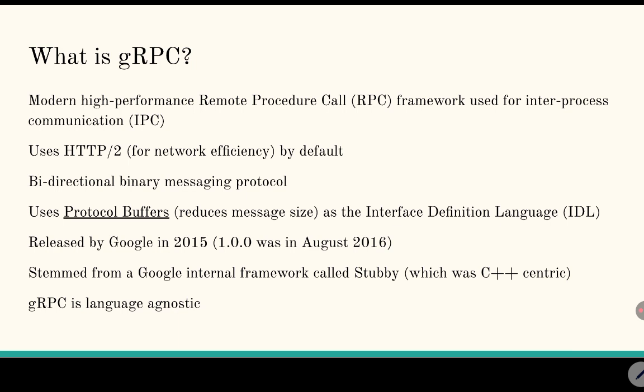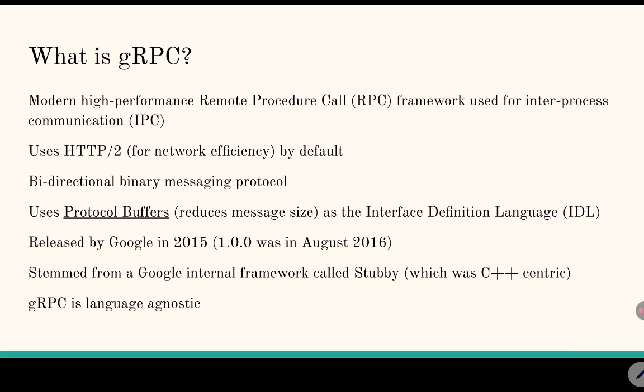however, that version was not the 1.0 version. The 1.0 version was released in August 2016, and all of this stemmed from a Google internal framework called Stubby, which they had for a very long time before they released gRPC, and it was primarily C++ centric at the time.